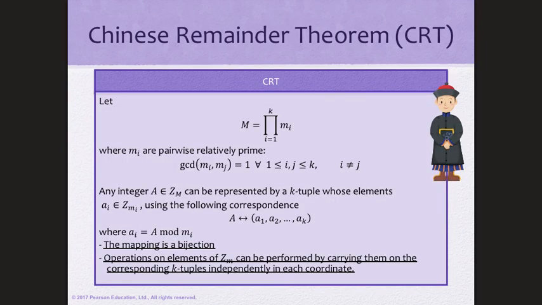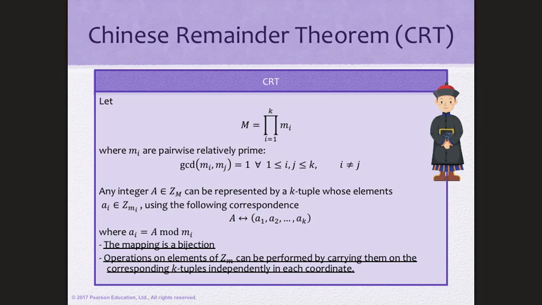So the formal way of writing it is: if m can be factored into factors mi, each one of them pairwise relatively prime, so they are factors that do not have any common divisors among them, then any integer which is represented in modulo capital M arithmetic can also be represented as a k-tuple, where the elements of that k-tuple, a1, a2, up to ak, so maybe you can think of it as a vector, are each basically the number a itself, but taken modulo each one of those factors of the m.